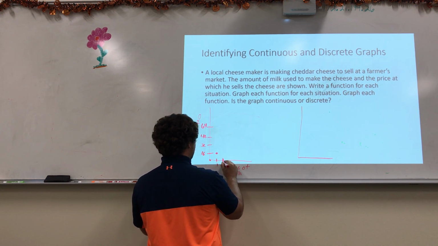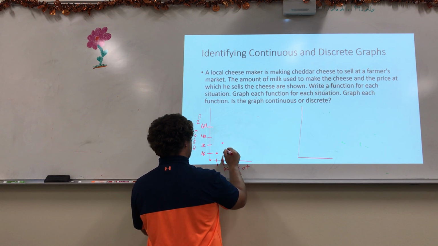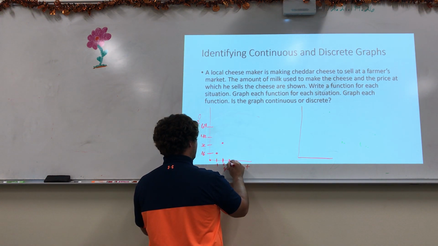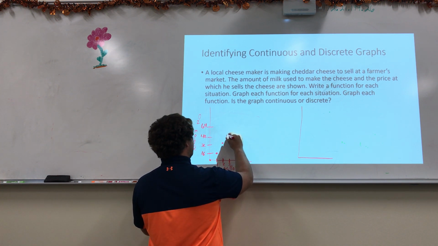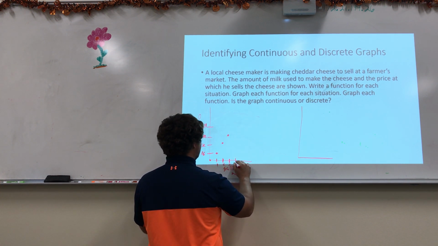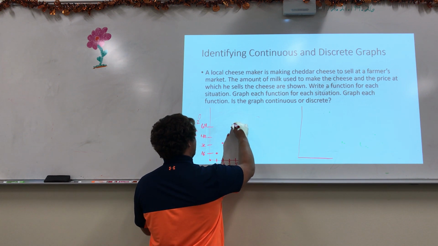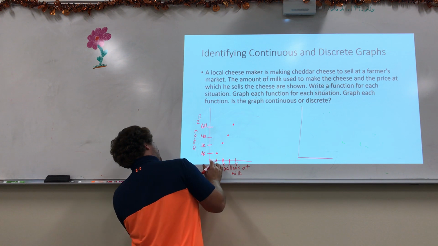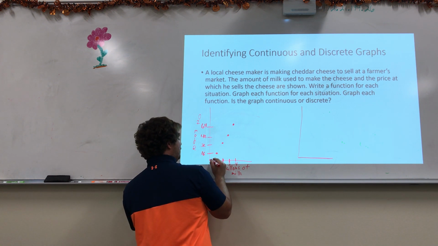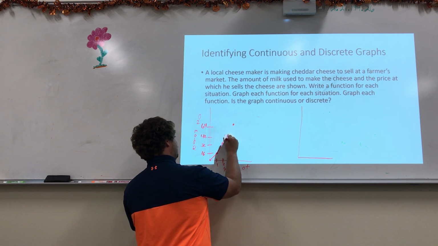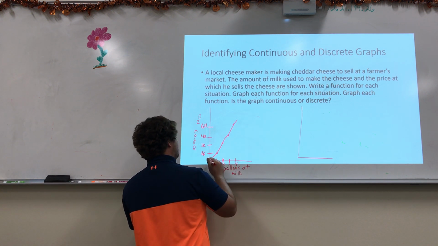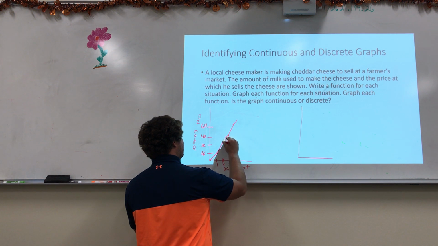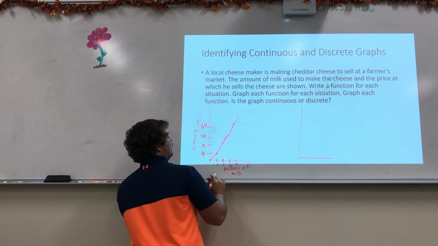If I use 2 gallons of milk, I'm going to make 32. 3 gallons of milk, I'm going to have 48. If I have 4 gallons of milk, I'm going to have 64 ounces. Now, if I use a half gallon, or a 4th gallon, can I have something in between these points? Yes, I can make up stuff in between here. So this has to be a line going there.